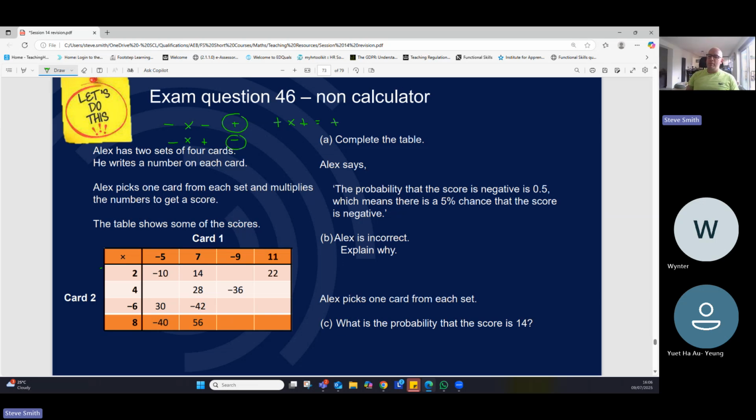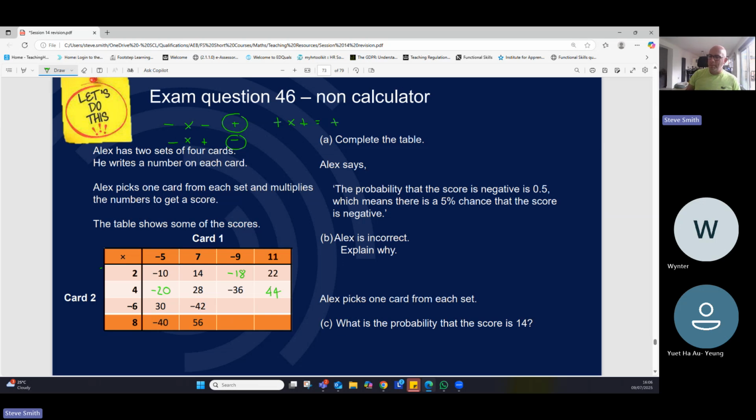So let's have a look at filling this table in. We've got 4 times 11, quite straightforward, times tables, 44. 2 times minus 9: 2 is positive, 9 is minus, so it stays a minus 18. 4 times minus 5 stays minus 20.